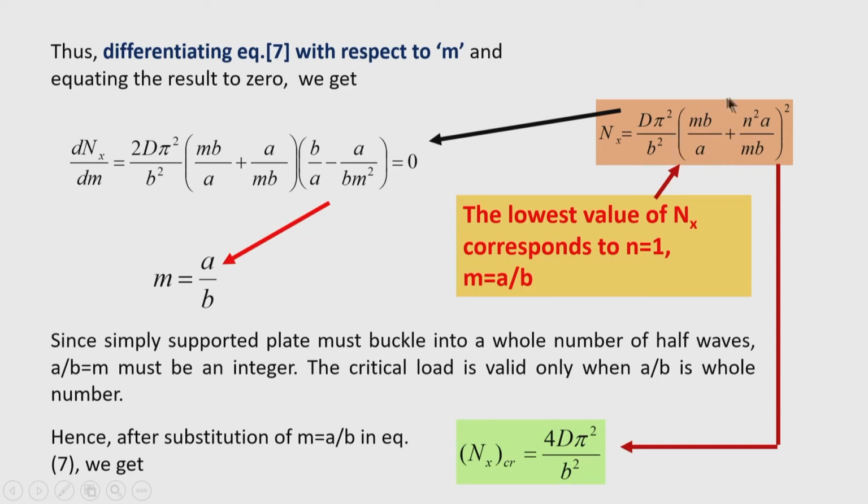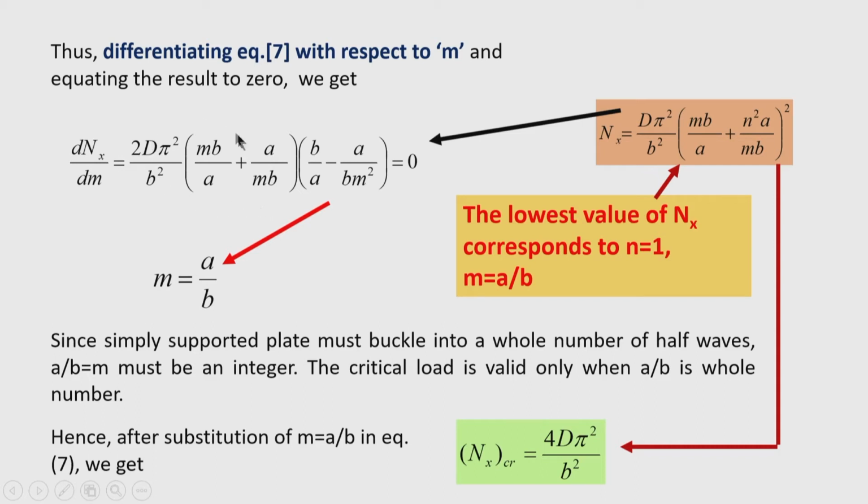So, this equation is differentiated with respect to m. So, d n x by d m is differentiated and equated to 0 to find the condition for which the half wave numbers in x direction can be found out, that is we want to find m.